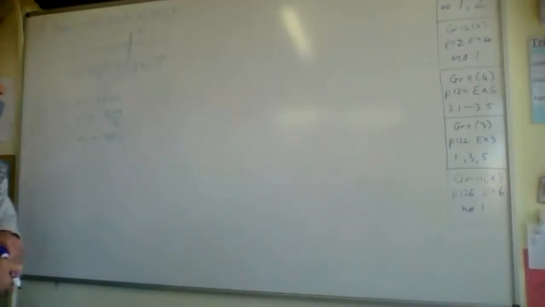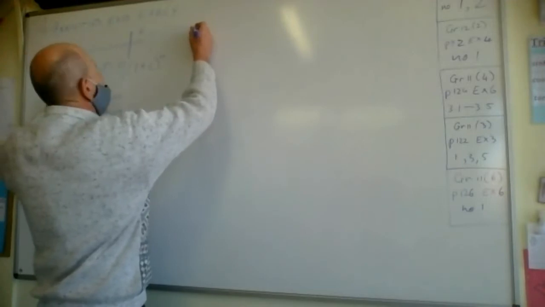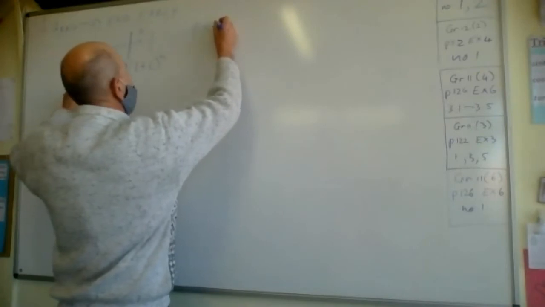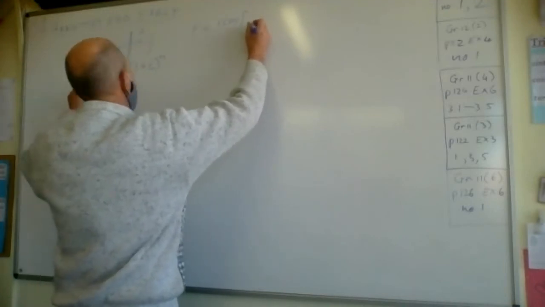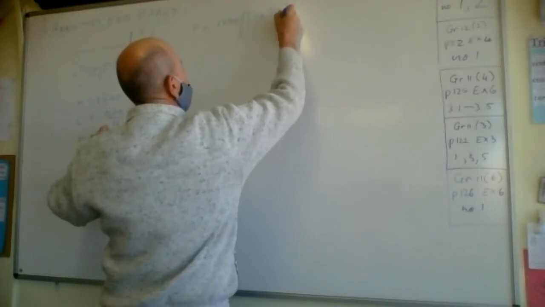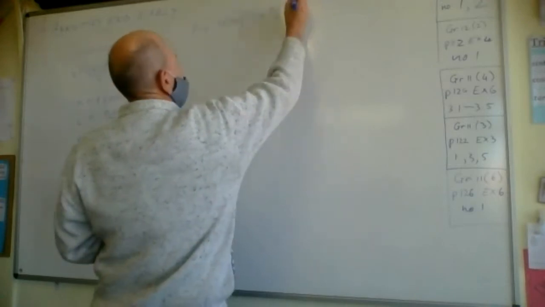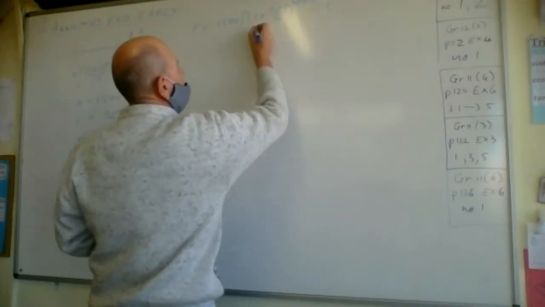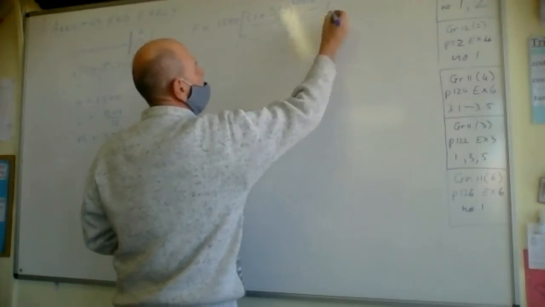So all that we need to do is this. x is 1,500 times [(1 plus 0.09 over 12) to the power of 30 times 12, minus 1] over 0.09 over 12.